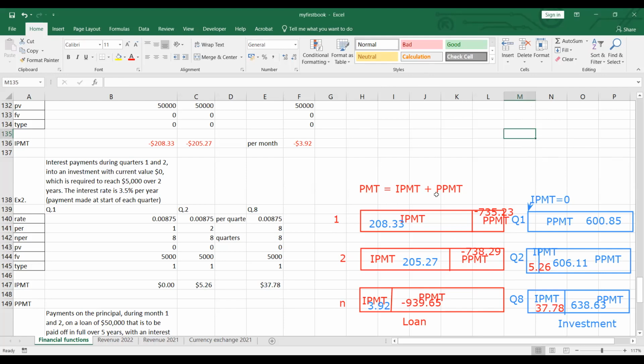In the red boxes in example number 1, if I add 208.33 with 735.23, I had better put the negative symbol too.